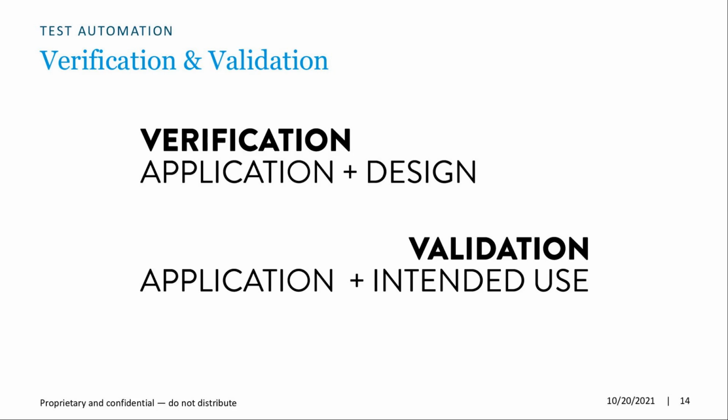So to begin, I just wanted to specify that what I do here at STARLIMS is I do both verification and validation of the products that we offer. The verification is I'm verifying that the application meets the design that we specified in our documentation. And the validation is whether our product is performing to the intended use that we say the product can and will do.